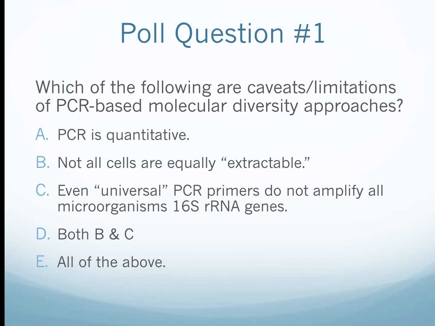So it's important to read the questions closely in order to do that. I think most of you got that B and C were both correct. Not all cells are equally extractable, as we said, and even so-called universal PCR primers don't amplify them. All right, any questions about that?